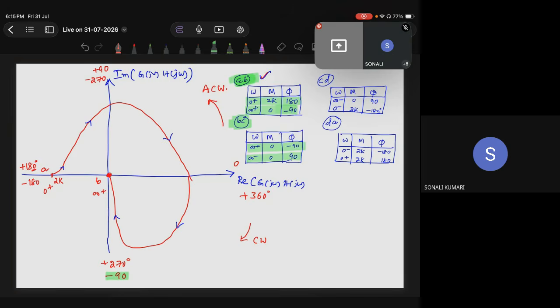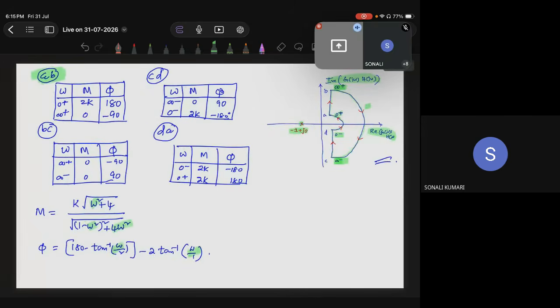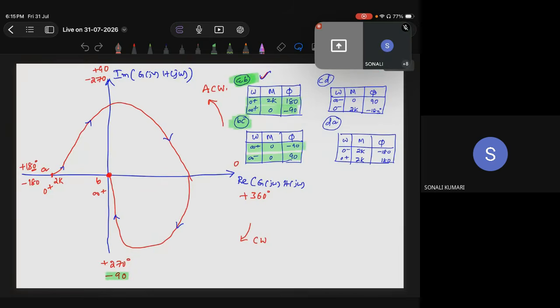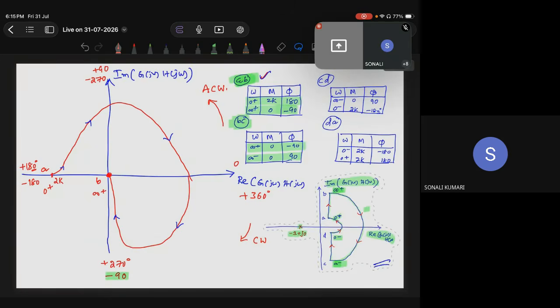This is A. Let me bring that diagram also. This is the diagram we made. So what is the C point?